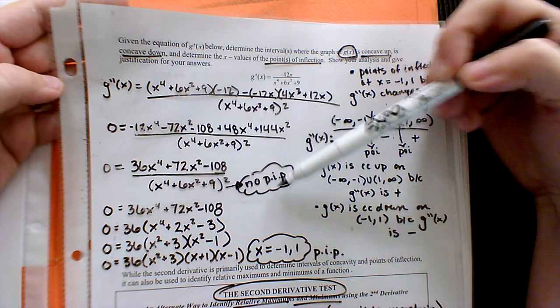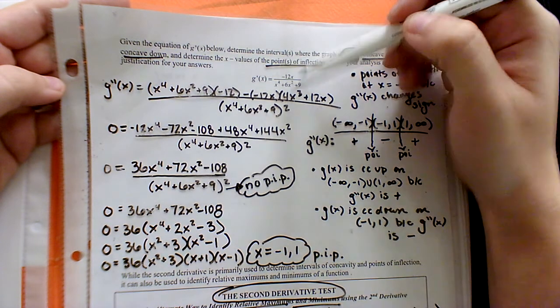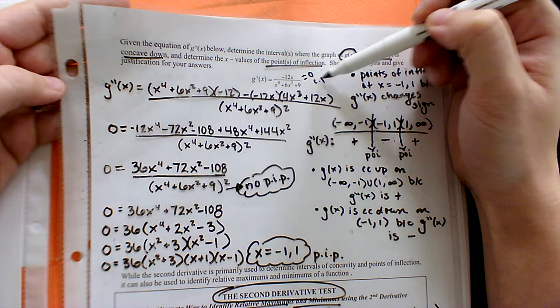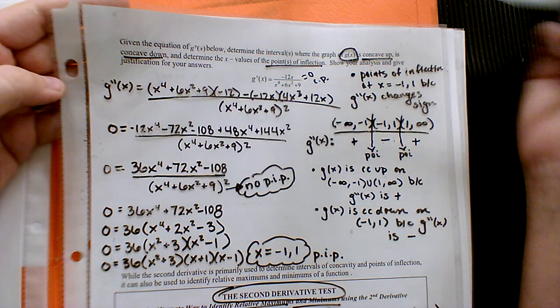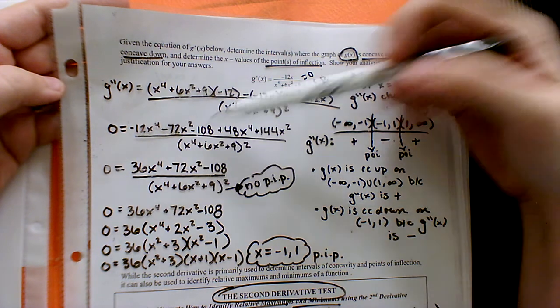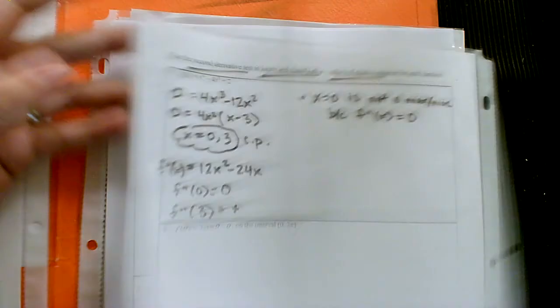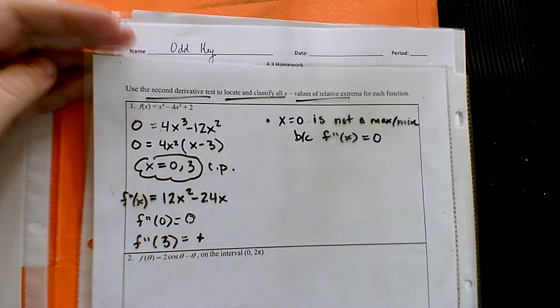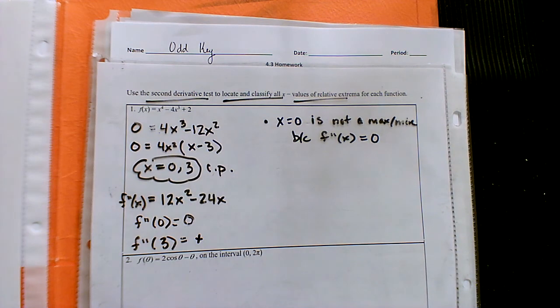That would give us possible inflection points. If you were to set this equation equal to 0, those would give you your critical points. So on that one, we're looking for concavity. And then on the other page, we are looking for maxes and mins. But we're using concavity in this case to help us verify maxes or mins. So it's a kind of a merger of the two.